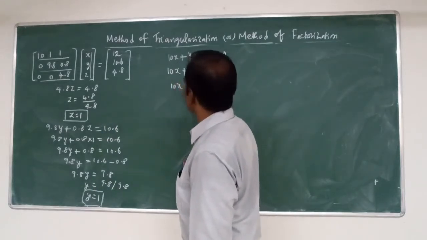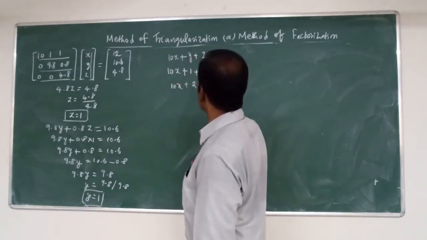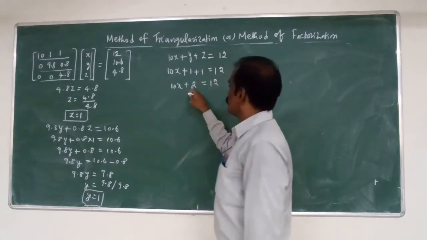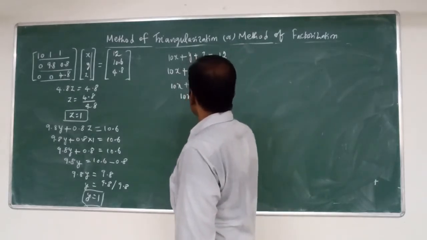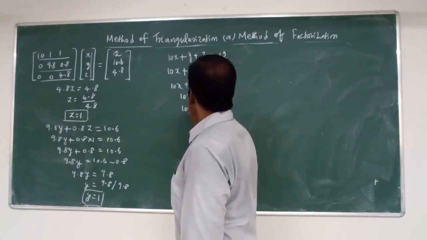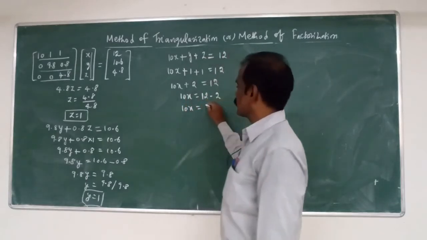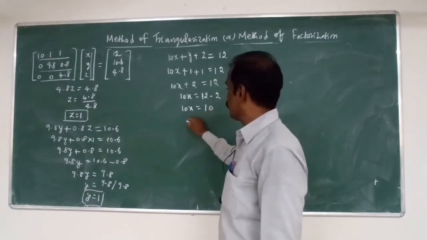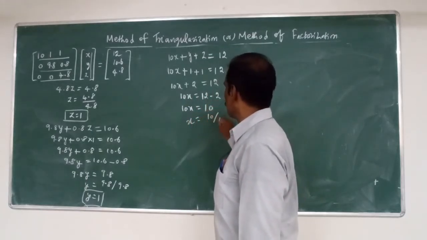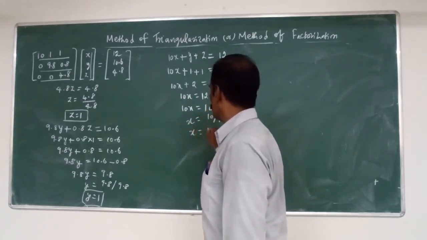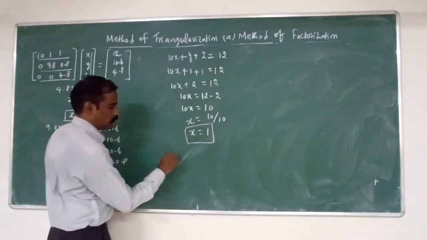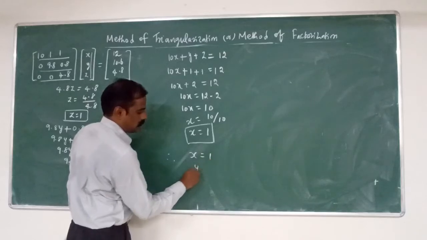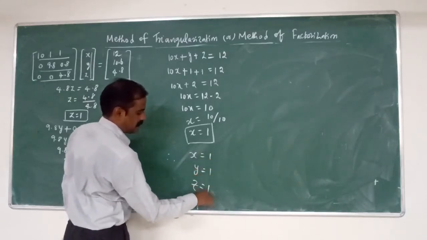Now adding these two, the result is 2. 10x plus 2 equal to 12. Now 10x equal to 12 minus 2. Subtracting these two, the result is 10, and x is equal to 10 divided by 10. Now x is equal to 1. This is the result. Therefore, x is equal to 1, y is equal to 1 and z equal to 1.